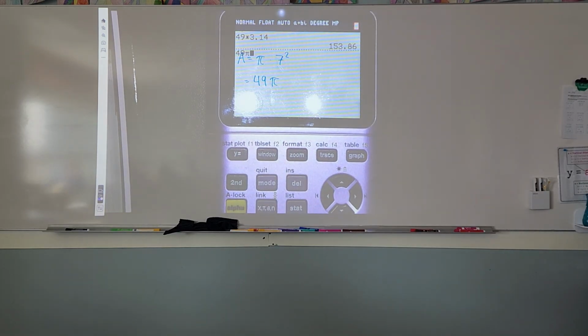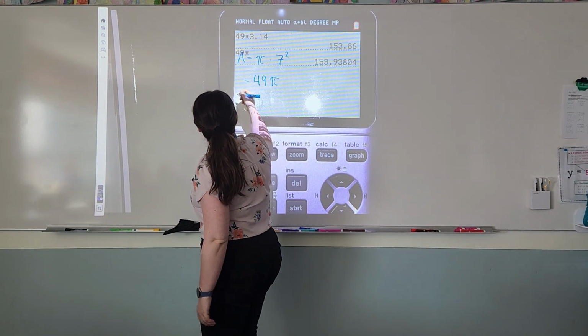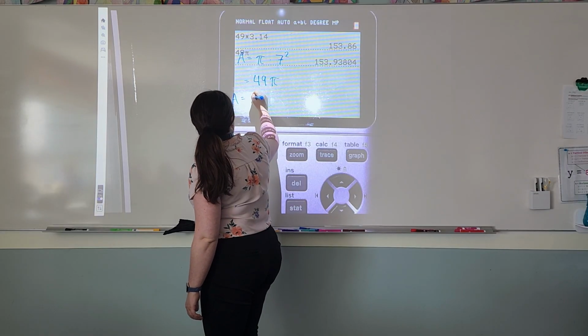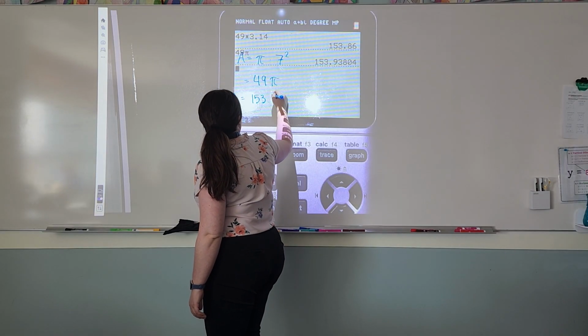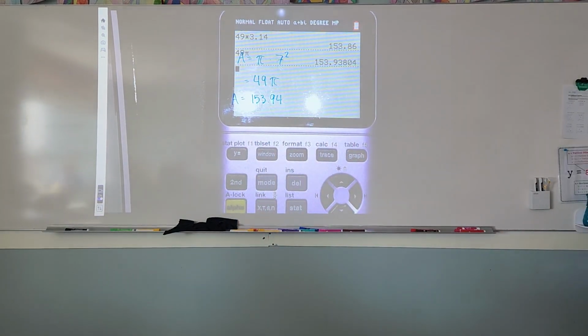So when we hit second, it selects the pi symbol. So when we use 49 with the pi symbol, it actually changes the decimal just a little bit. It's not a lot, but that difference can sometimes make a big deal. So we have 153.94. I'm going to switch back to our slides.